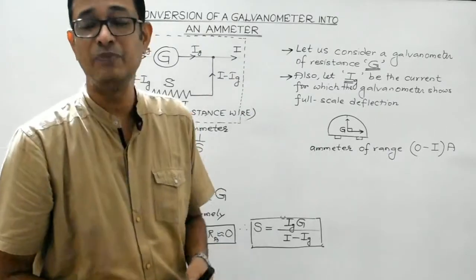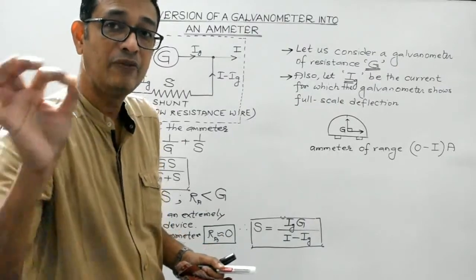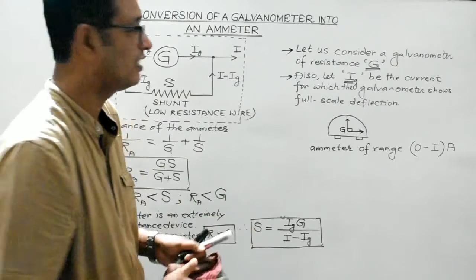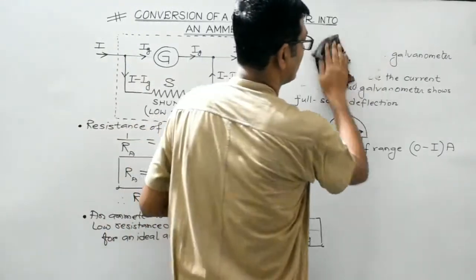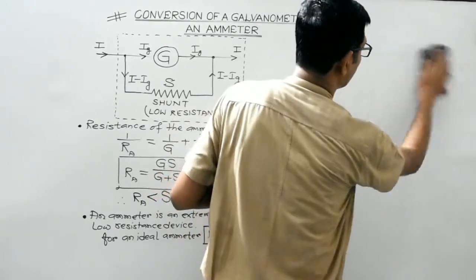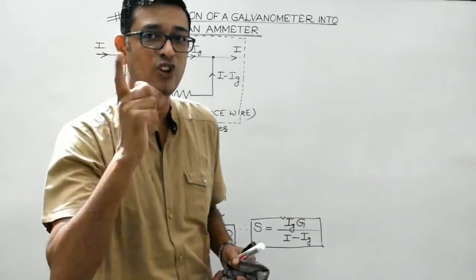Now, a very important point we need to discuss is the manner in which an ammeter is to be connected in a circuit, right? Whether it is to be connected in series or in parallel while measuring current. So that we need to understand. We need to understand the logic.